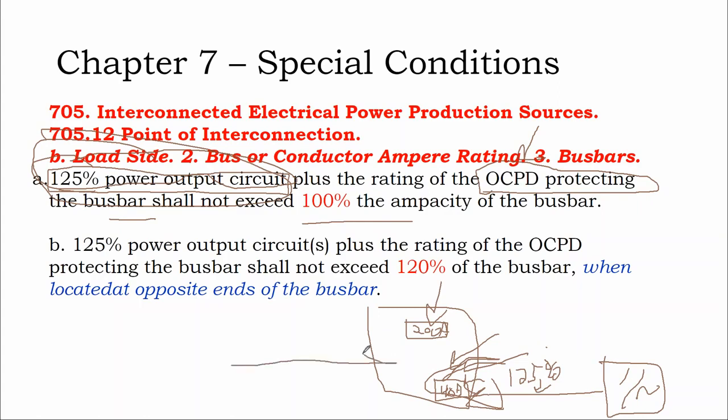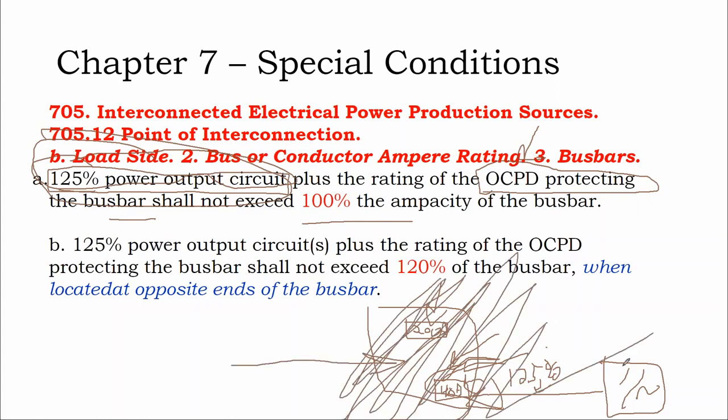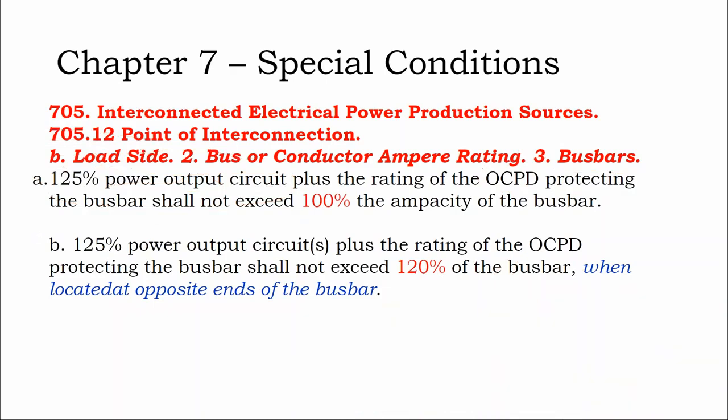And so if this is a 200 amp service panel, it's going to heat up and burn if we supply it with more power than what it's rated for, except in one circumstance.